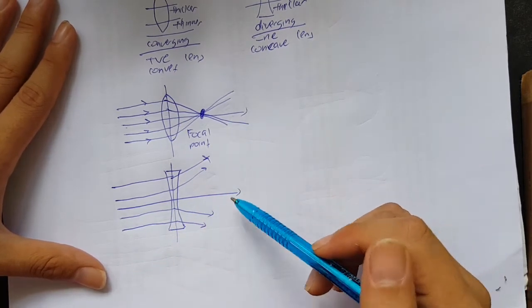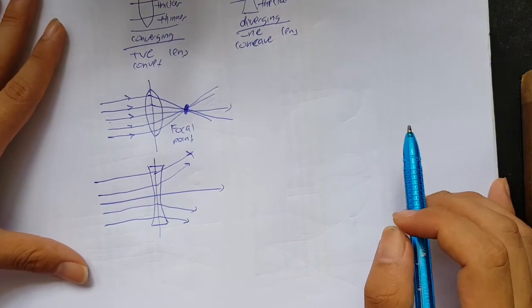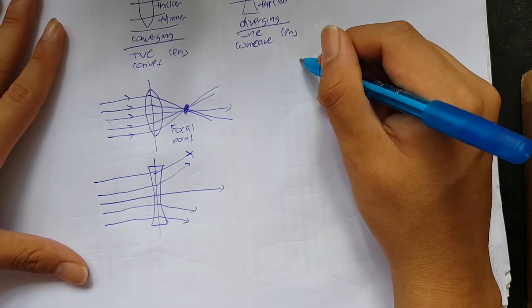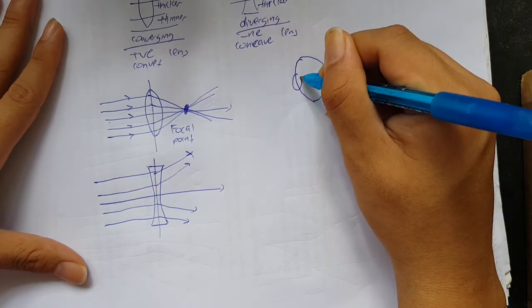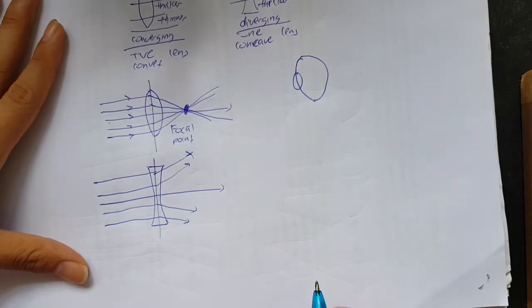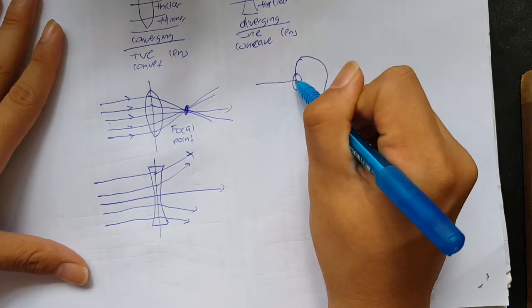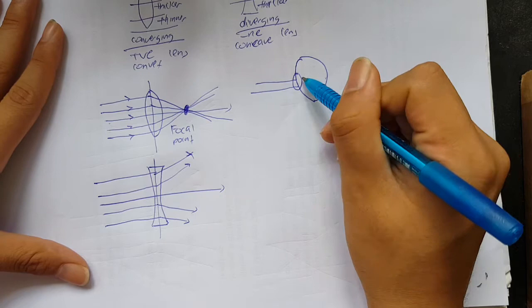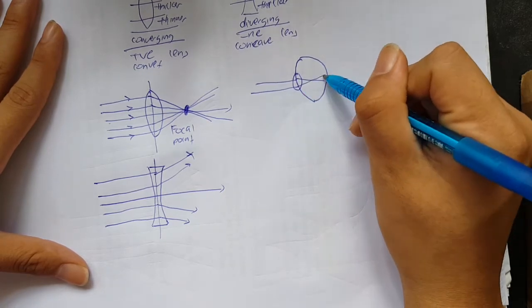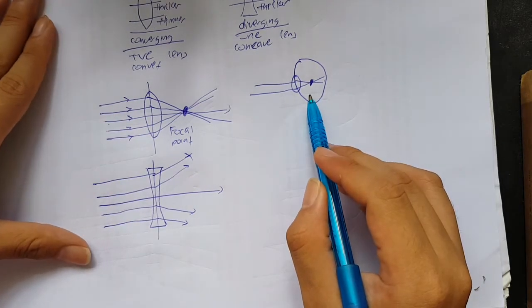One example you can use in real life is a spectacle. For example, this is a normal eye, where this is the iris, the center of the eye. In a normal scenario, light rays will pass through your eye, and your focal point should be at the back of the eye. But for people with myopia, their focal point is not at the back of the eye, but somewhere around here. So what does a spectacle do?